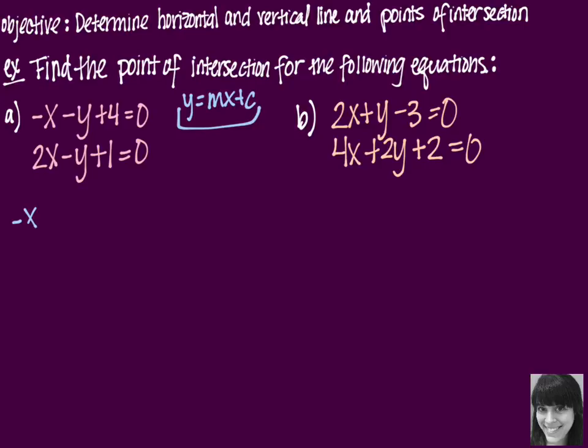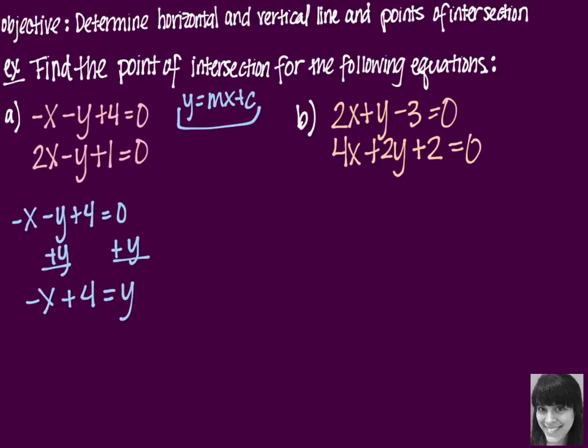So negative x minus y plus 4 equals 0. All I'm going to do is move the y because it seems easiest. So I'm going to add y to both sides of my equal sign, and I get negative x plus 4 equals y. Alright, so I've gotten that done.